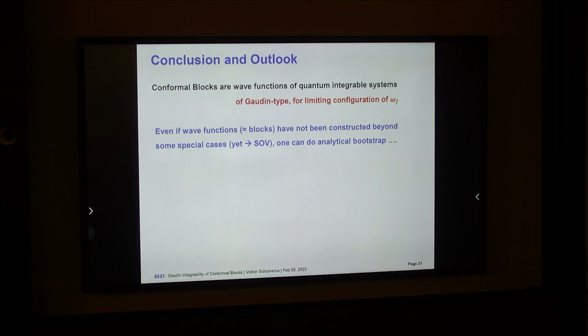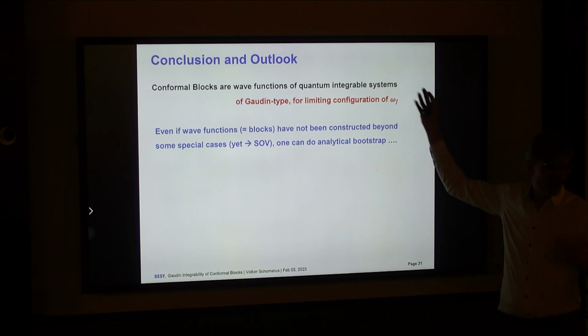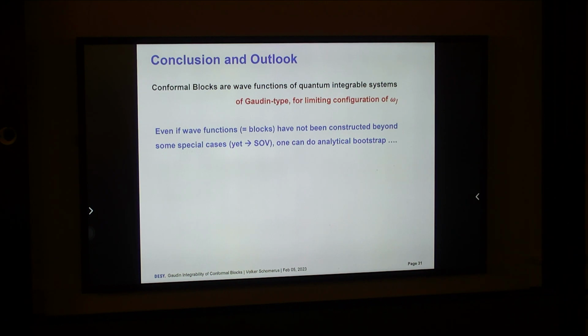They are wave functions of very special limits of Gaudin models, sort of semi-homogeneous limits of Gaudin. That's the main message I want you to take away from this talk, and that's more or less the current status of affairs.